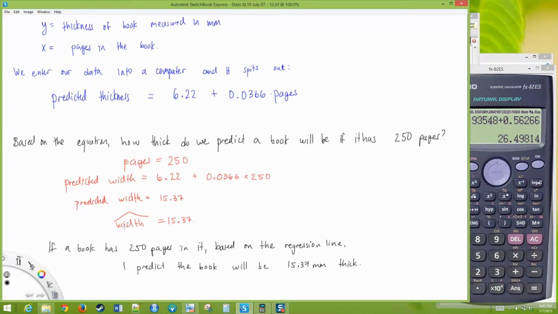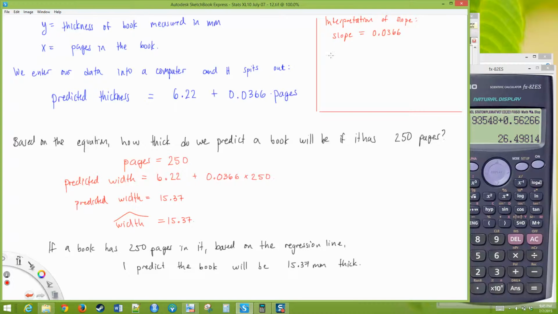So I'm going to just tag on an interpretation of the slope here. Okay, so my slope is 0.0366. What is the interpretation of the slope here?